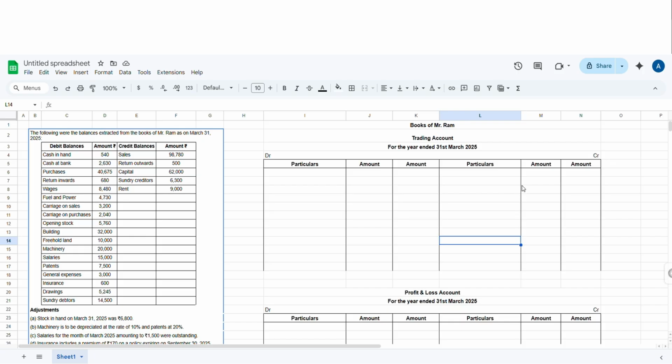And credit balances: sales 98,780, return outwards 500, capital 62,000, sundry creditors 6,300, rent 9,000.